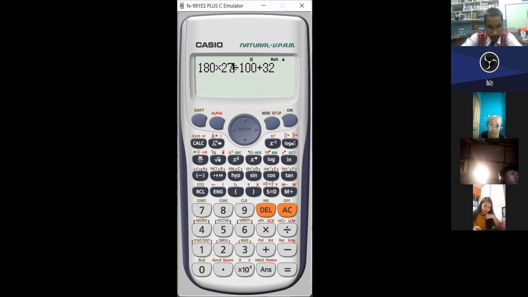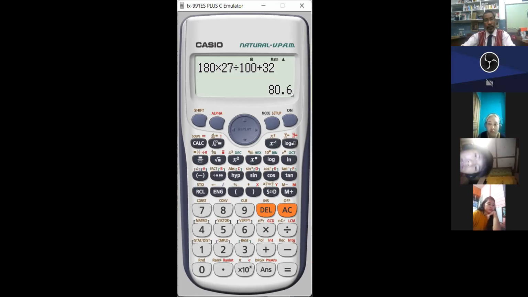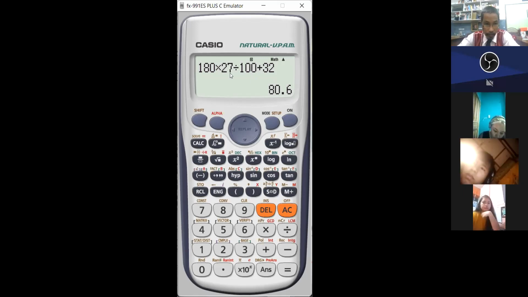So later on, I will show you how to do it very quickly with this calculator. There is a formula inside this calculator that can do it, but I will not teach you any shortcut without knowing the basic. I am teaching you the basic. So 80, so about 80. So therefore, 27 degrees Celsius is 80 degree Fahrenheit in their country. So 27 degrees Celsius is okay.